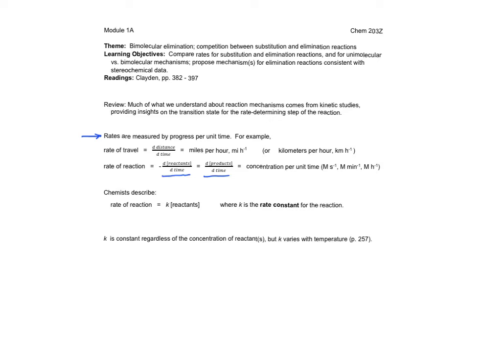And so the unit will be concentration per unit of time. Most often, molarity per second, but for slower reactions, you will sometimes see molarity per minute. Rarely will you see molarity per hour.